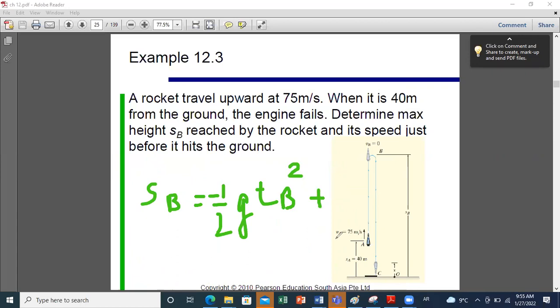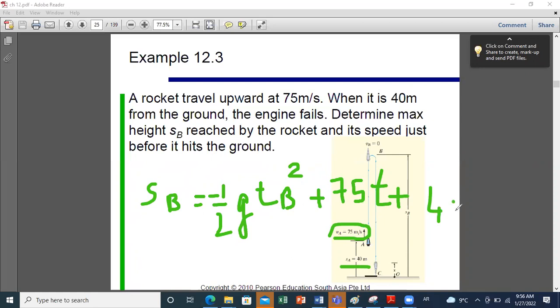What is V0? V0 is the velocity at A, which is 75. So plus 75t plus S0, and S0, the S at point 0, is equal to 40.